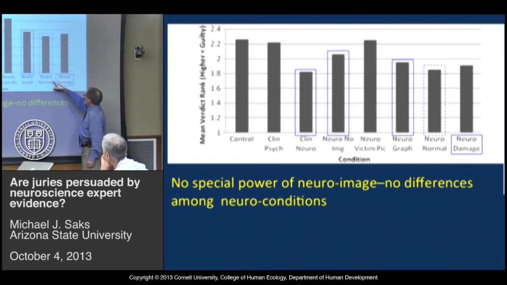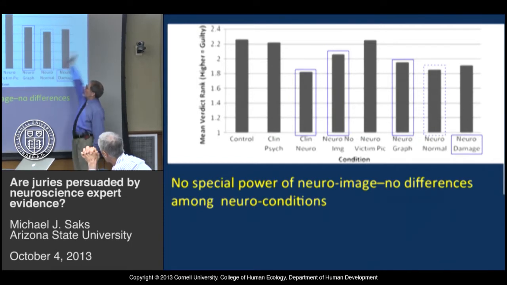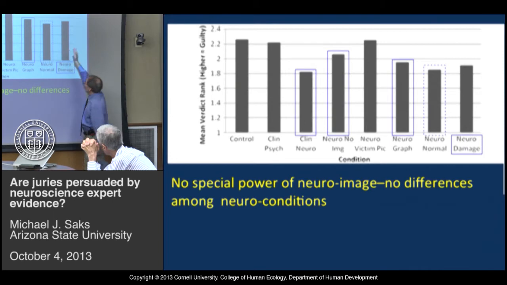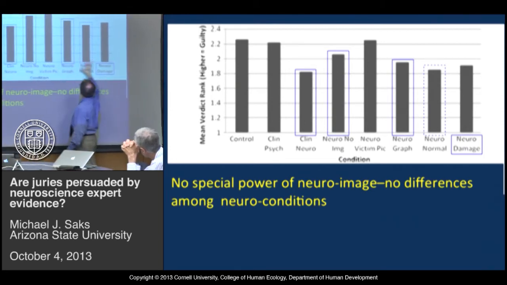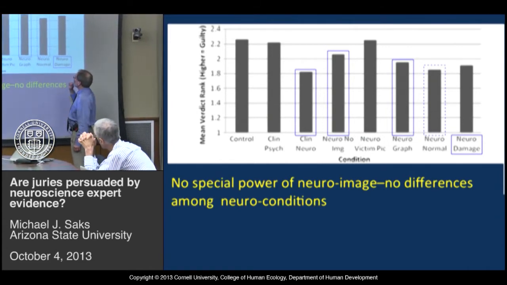And the reason I put this in a broken line is this is the normal brain. Why didn't that one shoot way up? They say, oh, this person's normal. There's nothing wrong with them. Throw the book at them. But none of these conditions differ. This one and those with the blue lines around them do not differ from each other.